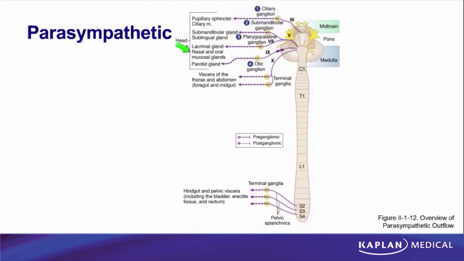Any place where we have a mucosa in the head, that mucosa receives its parasympathetic innervation, postganglionic parasympathetics from the pterygopalatine ganglion. And the lacrimal gland does too. So the pathway for that is cranial nerve 7 to pterygopalatine ganglion, and then pterygopalatine ganglion to the end organs. That's it. So that's the totality of parasympathetic innervation. That's the end of the story.